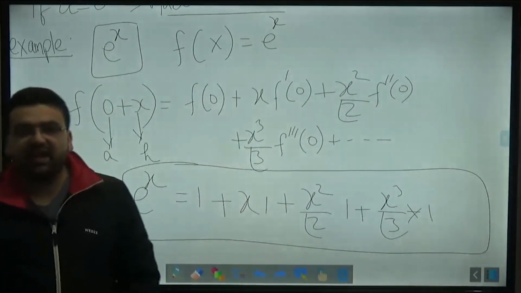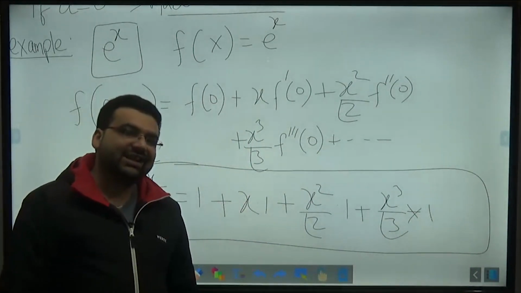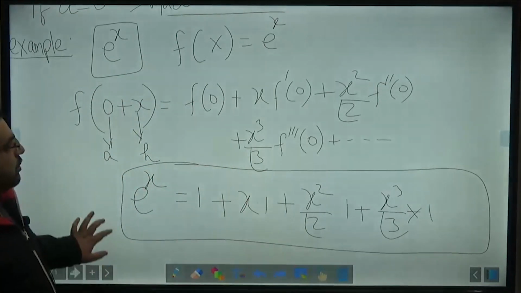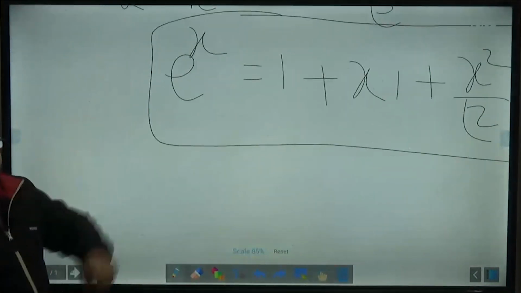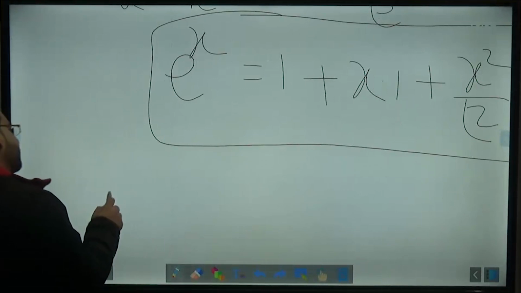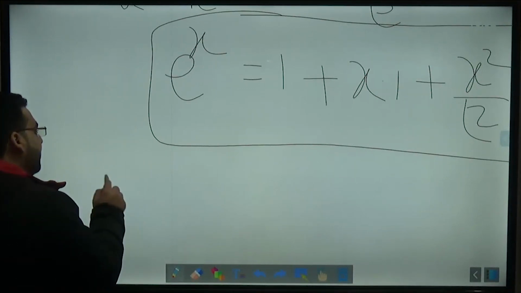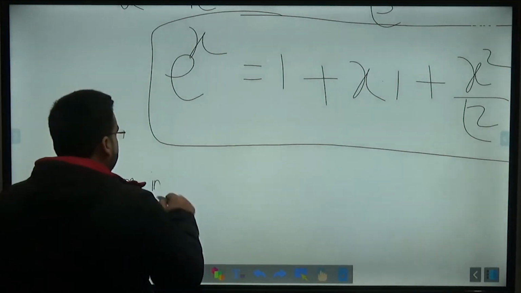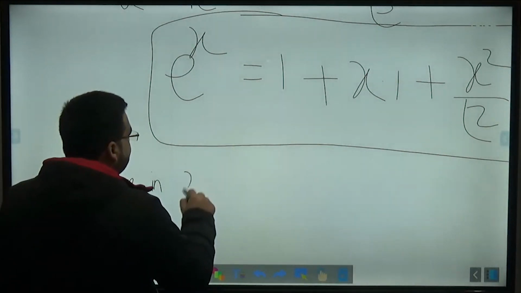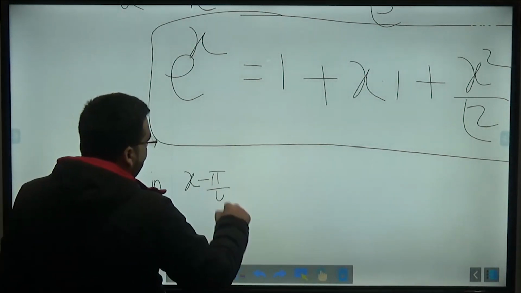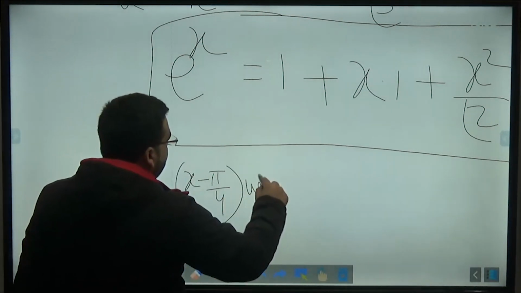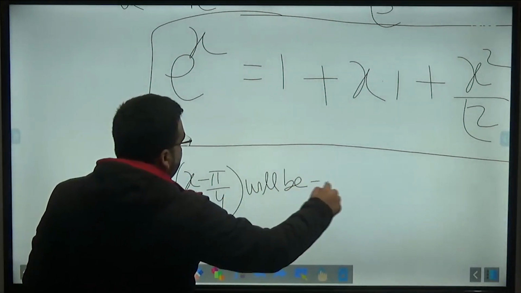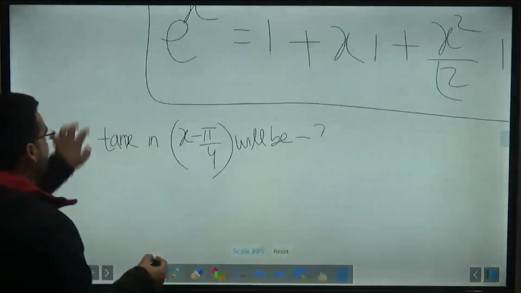So that is how you can solve questions with the help of the Maclaurin series, and similarly you can solve the questions with the help of the Taylor series. For example, recently in the GATE exam there was a question: the expansion for tan x in ascending powers of x minus pi by 4 will be what?